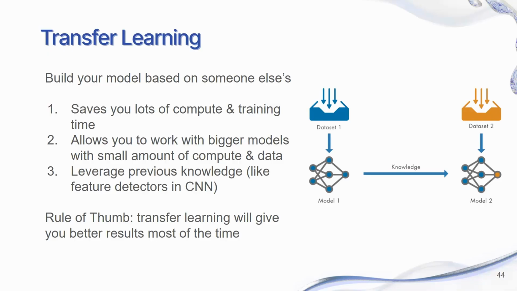As an example, let's say someone trains a cat and dog classifier, and it performs pretty well. Now I want to build a tiger classifier, which the model doesn't know, but it already learned what a cat looks like and what a dog looks like, right? So you can say that a tiger is arguably somewhat similar to a cat.